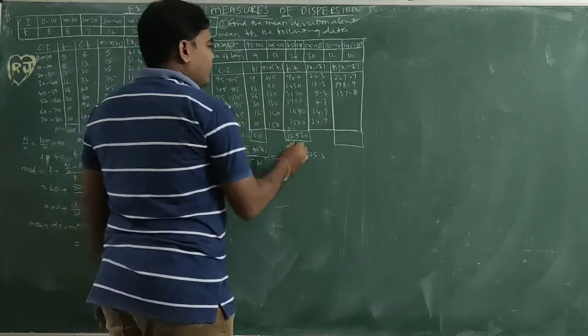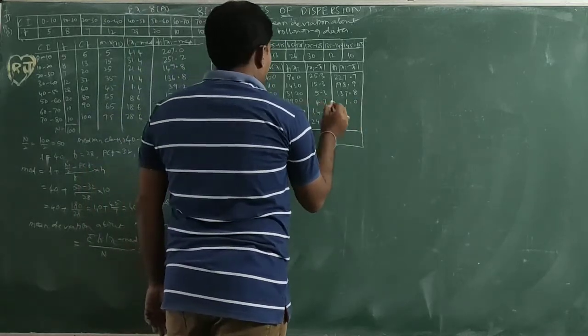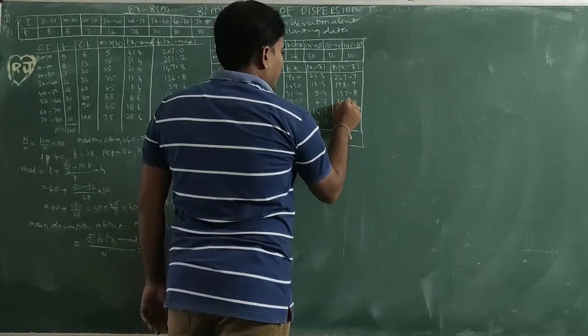47 into 3, 3 into 7, 21. 3 into 4, 12. 12 plus 2, 14.